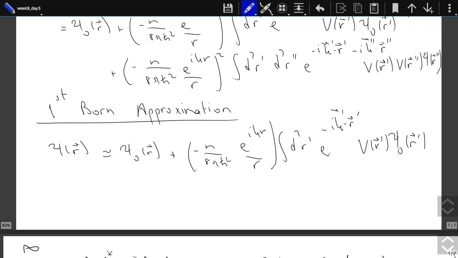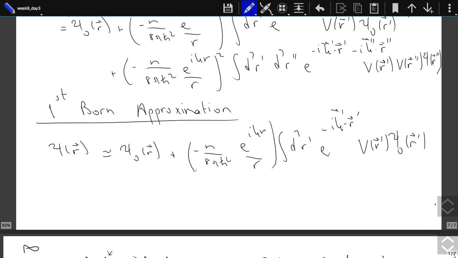So for example, for psi 0 you can choose a spherical wave of a given angular momentum, an ingoing wave. And then if you evaluate the integral for a spherically symmetric potential, you should get an outgoing wave and you can obtain the phase shift. Or if instead of psi 0 you take a plane wave, then you get this outgoing wave, which is the scattered wave, and you have the scattering cross-section.